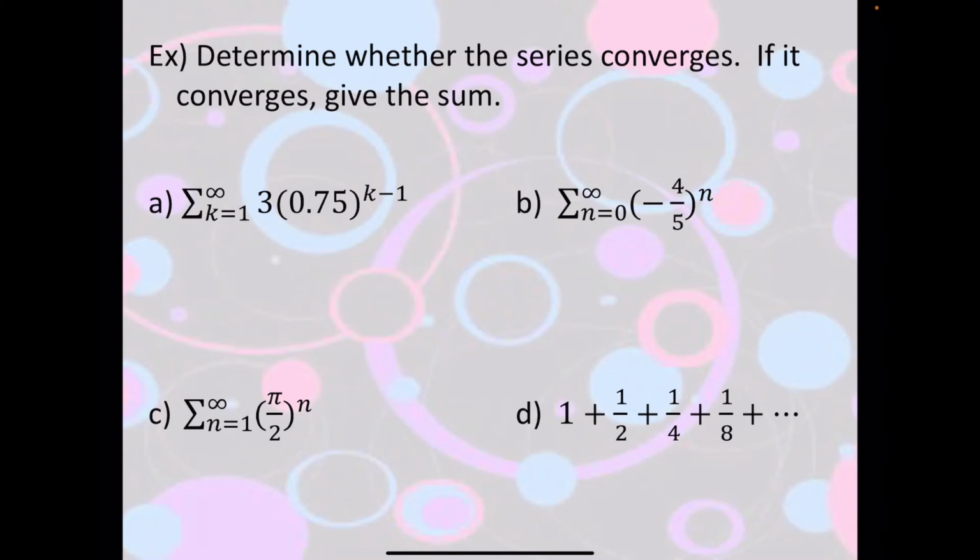All right, so let's determine whether the series converges. If it converges, we're going to give the sum. So again, I need the infinite geometric series to look like this.